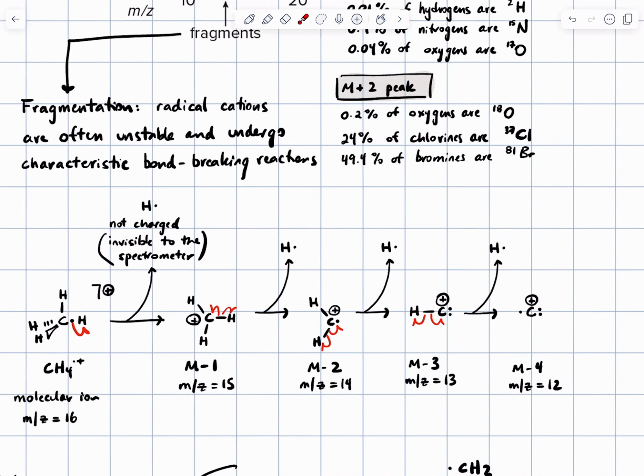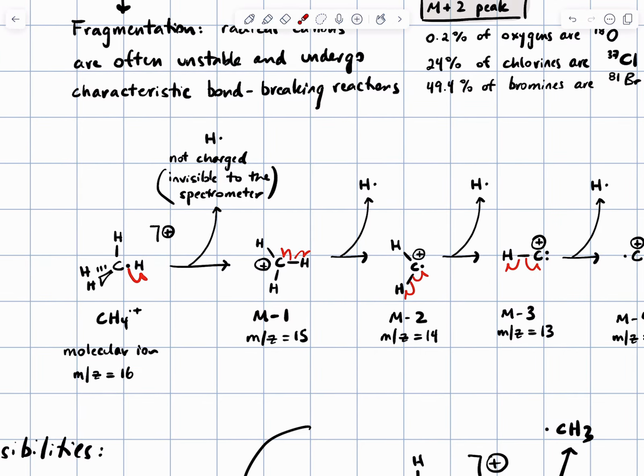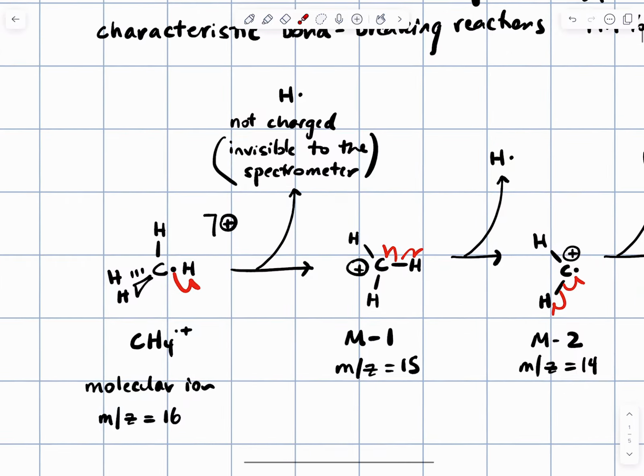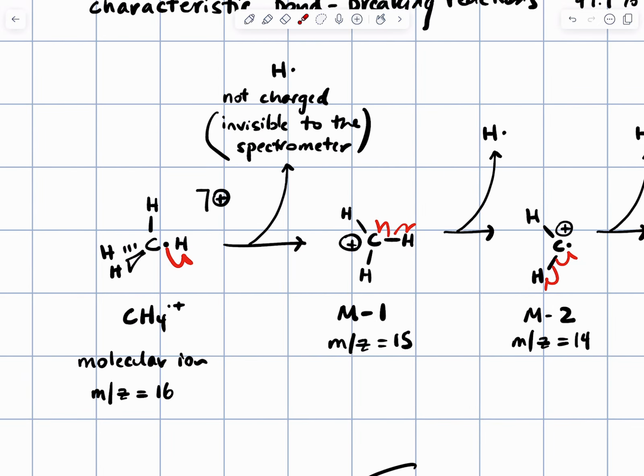Here's an example of how that happens with methane. Suppose in the methane radical cation we've lost an electron. That means 1 of the 4 carbon-hydrogen bonds is weak. It's only got 1 electron in it. And so one of the ways this molecule can fragment is we lose a hydrogen atom.